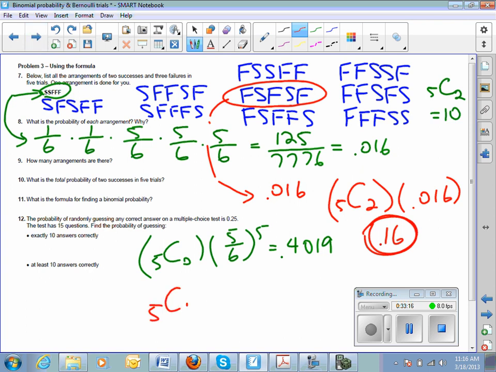All right, 5 choose 1 times 1/6 to the first times 5/6 to the fourth. Does that make sense where that came from? I got 0.335.